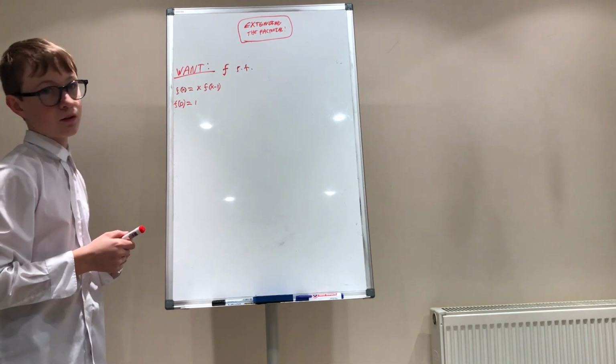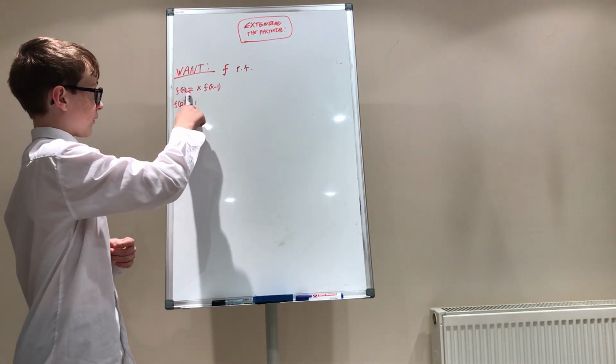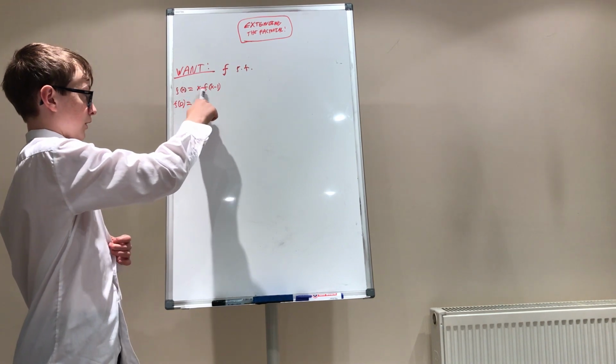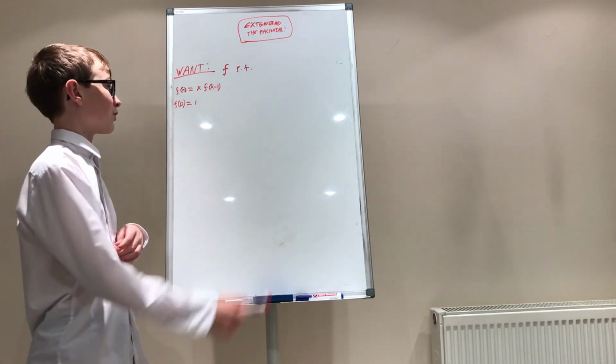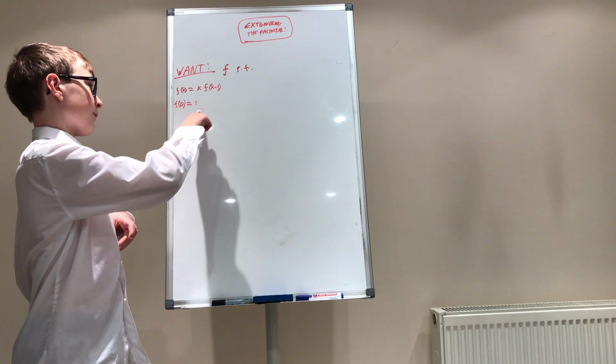This just means that x factorial equals x times x minus 1 factorial, and this just means that 0 factorial is 1.